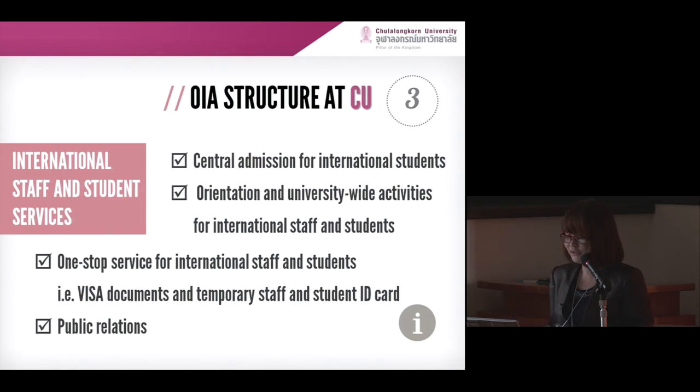And the third division is the International Staff and Student Services. This is also the newest addition to the central office. True to the name, they provide support to international staff and students, such as admission, orientation, the ID card, and visa documents, and they also do the public relations work.